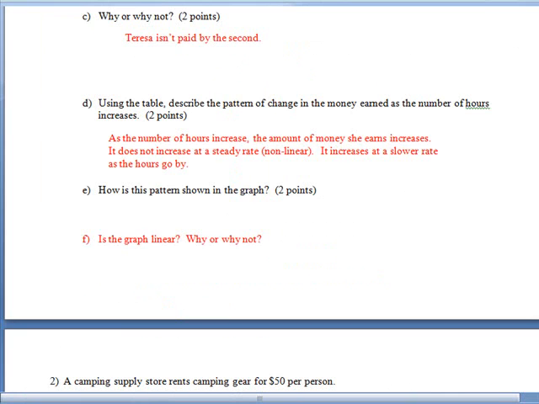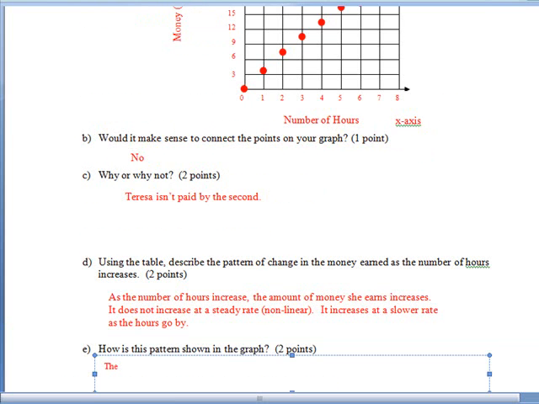Okay, so E says, how is this pattern shown in the graph? It looks as if the points are being placed at higher money amounts at each successive hour interval.